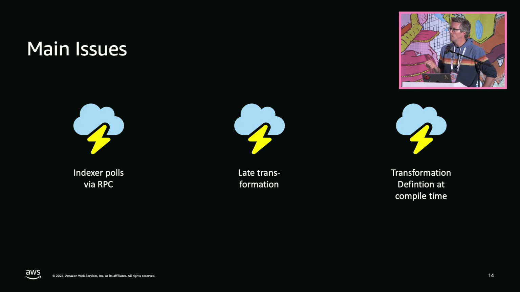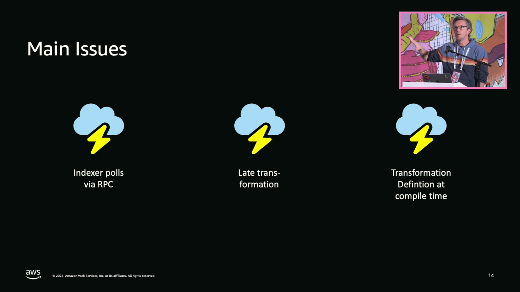There is the canonical, if you will, Uniswap subgraph. If you try to deploy that on The Graph, it takes about 3 months or so to actually index the entire Uniswap smart contract, because it's just a lot of data and it needs to do millions and millions of RPC calls to get all the data into the database. So that is one of the problems that we want to tackle.